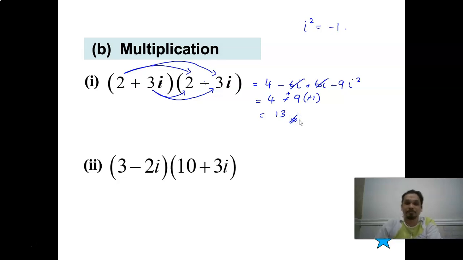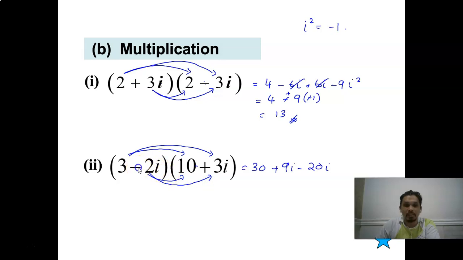There you go. So what about this one here now? 3 times 10 equal to 30. 3 times 3i is 9i. Negative 2i times 10 is minus 20i, and negative 2i times 3i, negative times positive is negative, 2 times 3 equal to 6, i times i is i squared.